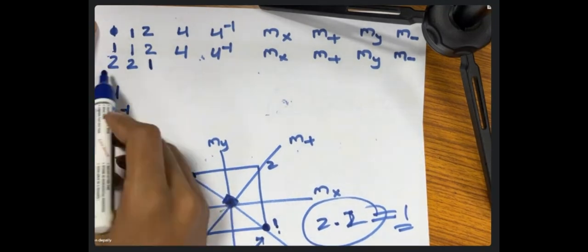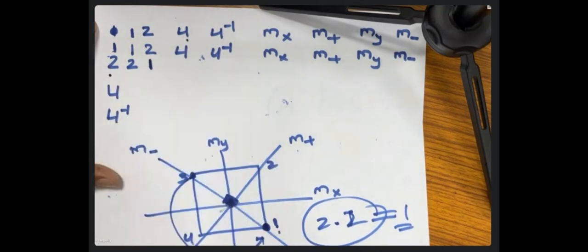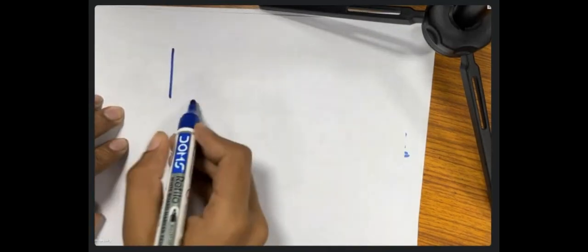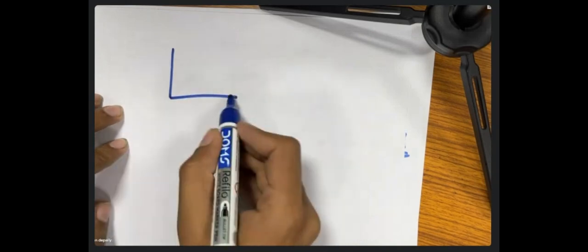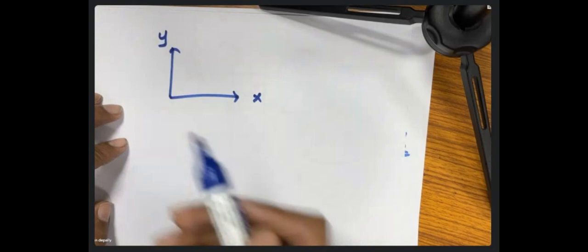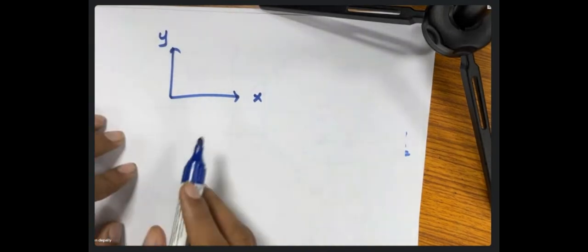Now write about the twofold followed by the fourfold. Okay, so let's take another page. Let us say this is representing the x and y axis of the square. Apply the twofold to it.